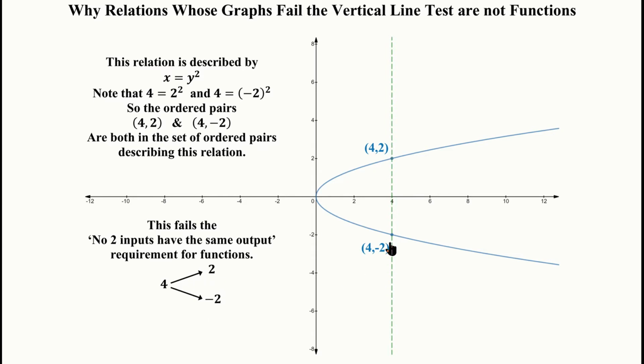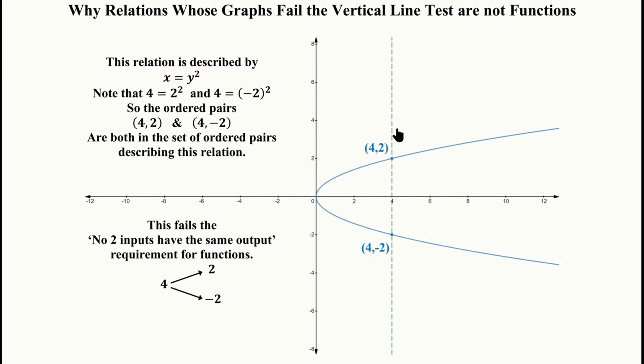So this line clearly indicates this violation that is occurring as far as the relation trying to pass the test of being a function. So of course, there's no need for there just to be 2 points. This could be some kind of a spiral, in which case this line may have intercepted it countless times or infinitely many times. But as long as there's 2 or more, we have enough to realize that we're not looking at a function.